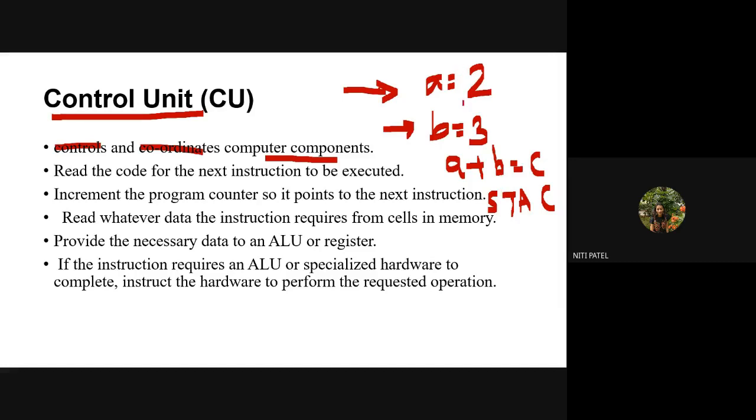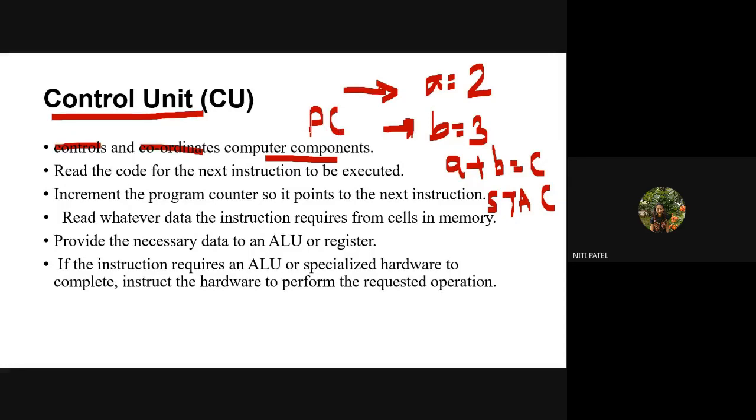You have to execute the program in sequence until and unless you do not find any other label or you do not find any other loop. So what is this? Read the code for the next instruction to be executed. It is nothing but the pointer. And this pointer is being changed by a component called PC. What is that PC? Program counter. This will come to you ahead in detail.